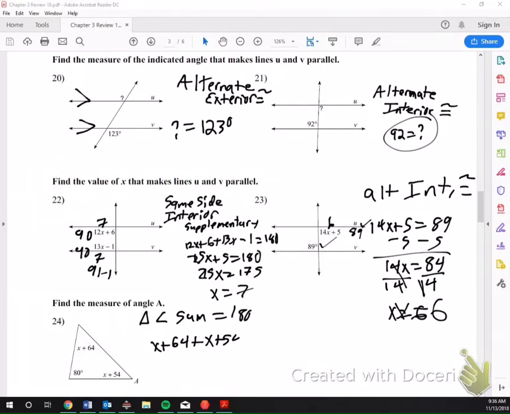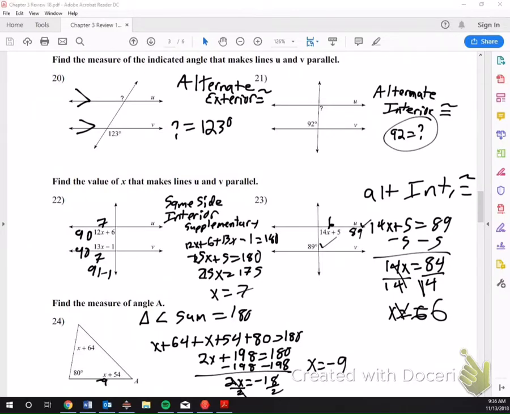So we have three angles here, 80, x plus 64, and x plus 54. So we're going to add them all up, set them equal to 180, and solve for x. Combine like terms, we get 2x plus 198 equals 180. We're going to subtract 198 from both sides, and we get 2x equals negative 18. Divide both sides by 2, and we get x equals negative 9.